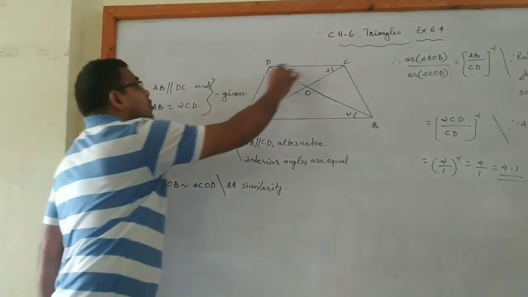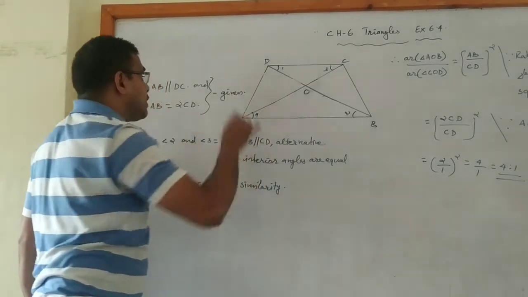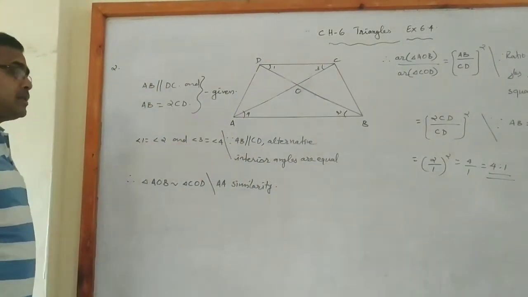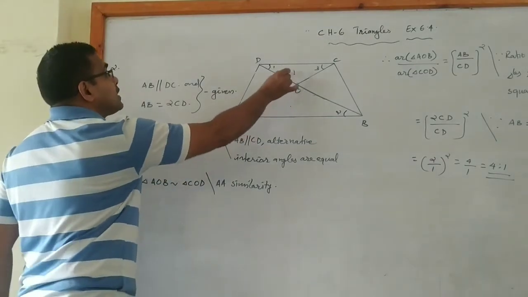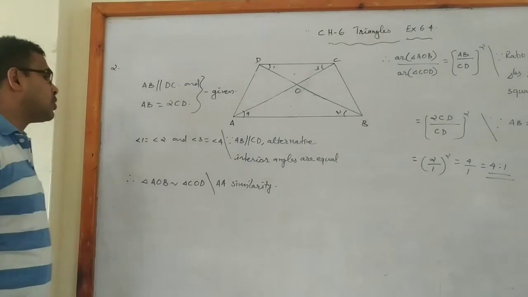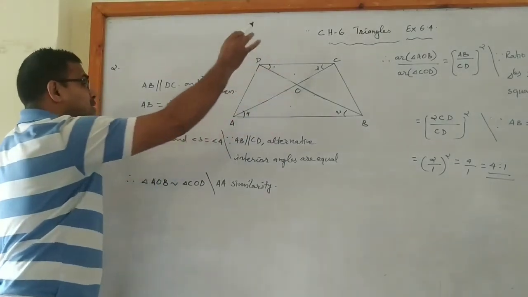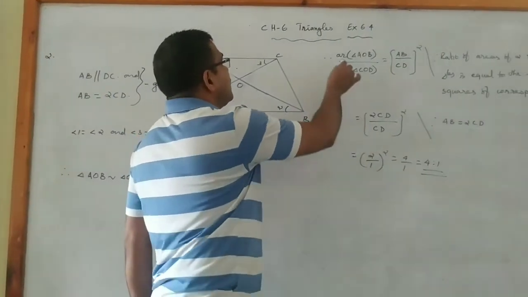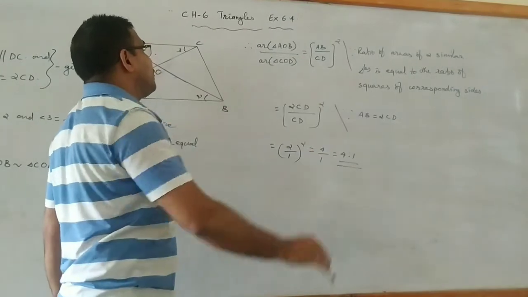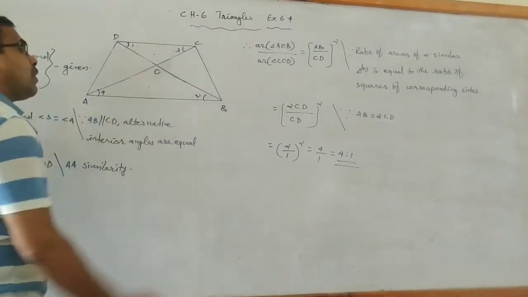Now you see, these two are parallel sides. That is why angle 1 equals angle 2 and angle 3 equals angle 4, because alternate interior angles are equal. Because of that we can say triangle AOB and triangle COD are similar to each other by AA similarity. Now you listen, ratio of the areas. Area of triangle AOB by area of triangle COD equals (AB by CD) whole square.